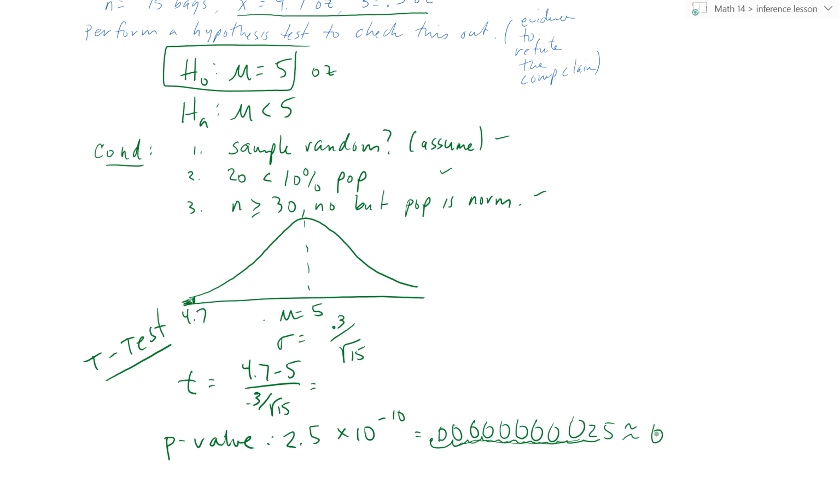So what does that tell us? Is it likely that I got 4.7 for my sample?